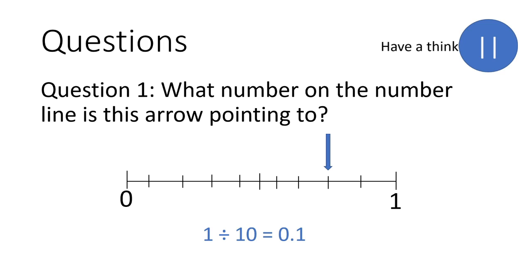So the first interval would be 0.1, the second 0.2, the third 0.3, the fourth 0.4, fifth 0.5, sixth 0.6, seventh 0.7, 0.8 for the eighth one, which is the answer, but we need to finish the number line as well, and the ninth one would be 0.9. So hopefully you got the answer of 0.8.